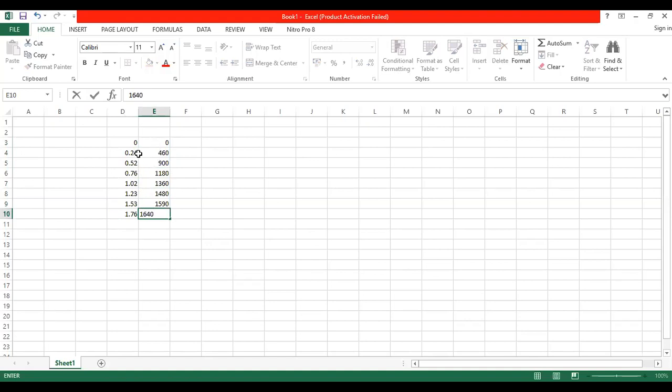Okay. What should be in x-axis? Which value you are taking in x-axis?